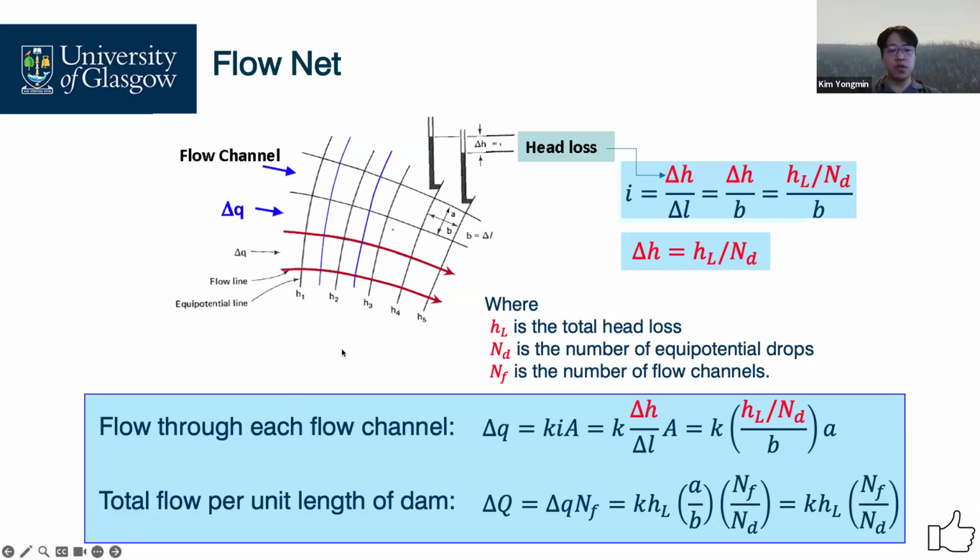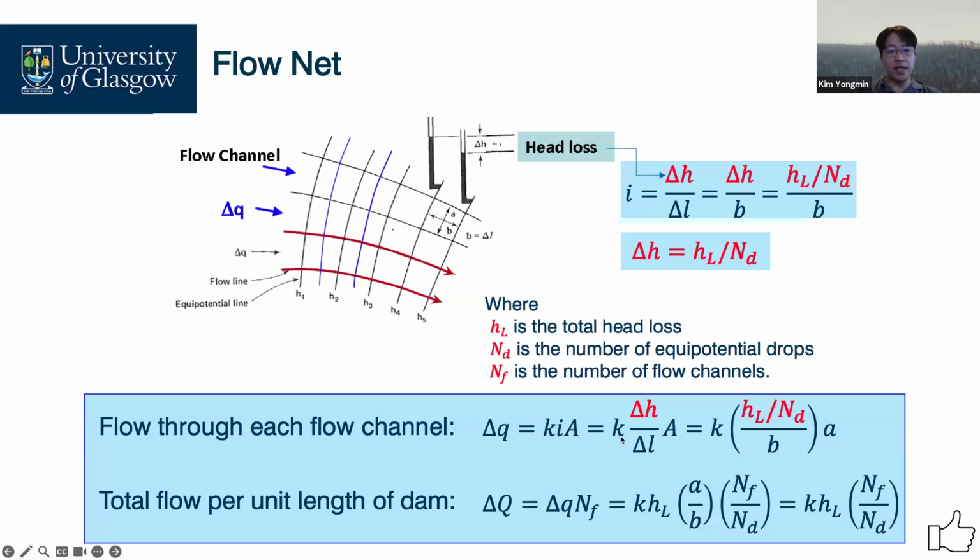So when it comes to calculating our flow channel flow rate, Q equals K I A. K is the soil's permeability, A is our area.